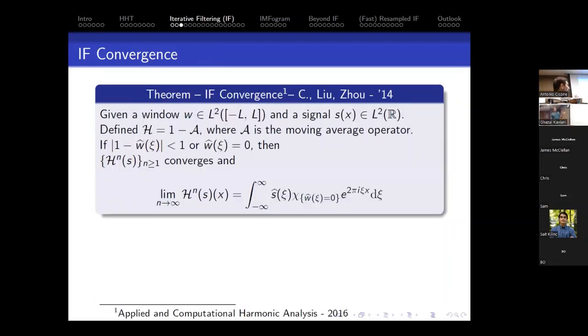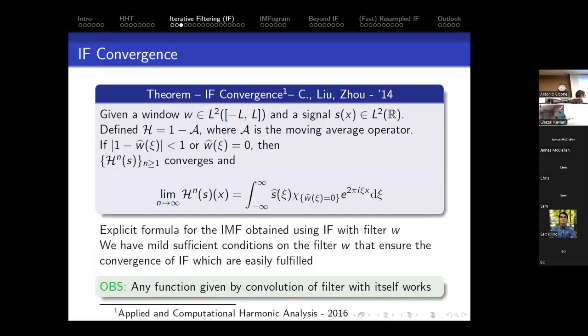Okay, so what we were able to prove back when I was here as a postdoc was the convergence of this method, okay? And we were not only able to guarantee convergence, but we also provided an explicit formula which tells you what an IMF is going to be if you choose a specific filter. And this formula, or at least the hypothesis, allows you also to guarantee convergence a priori if you choose the W function, so the filter, in a special way.